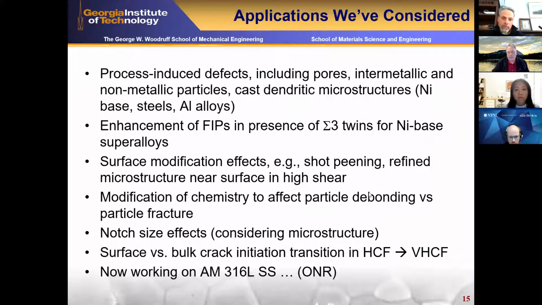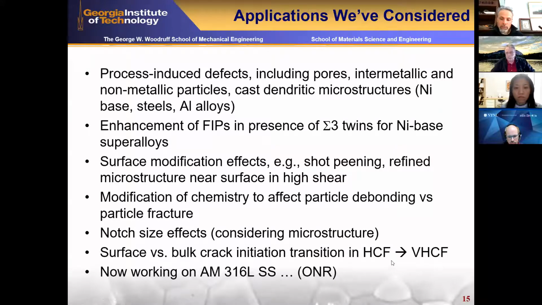We've looked at shot peening effects, the effect of refined microstructure near a surface subjected to high shear, modification of the chemistry in order to affect particle debonding versus particle fracture, because the two are quite different in terms of their enhancement of the local slip around these particles.